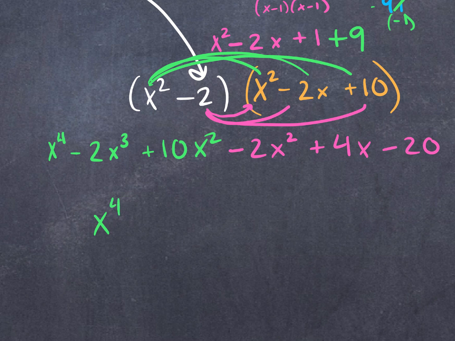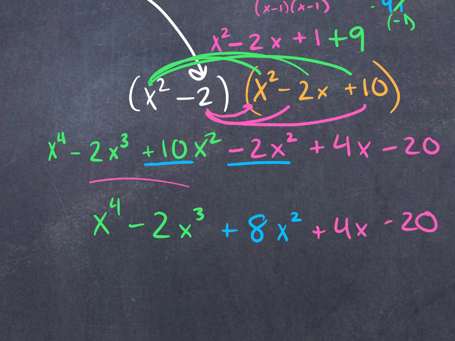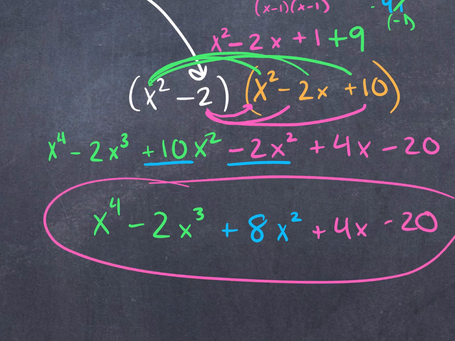What would come next? Negative 2x cubed. And then? Eight x to the 2nd power, because I'm combining my x squared. So this would be 10 minus 2 would be 8x squared. Plus 4x minus 20. This is my answer here.